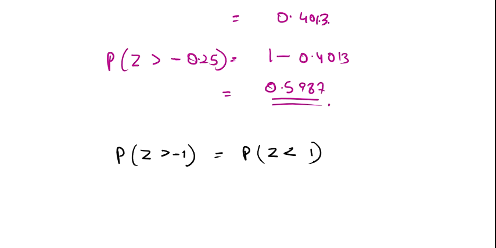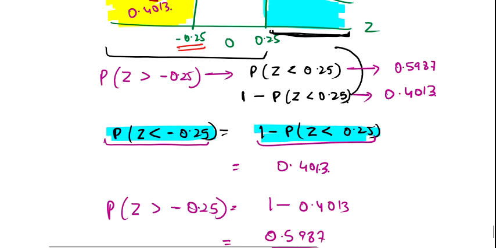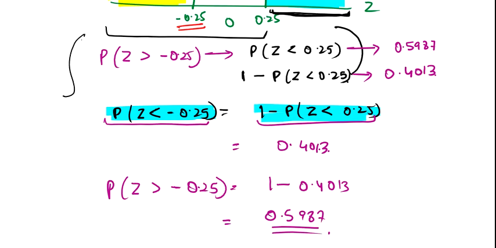So with the greater than sign and a negative value, you can change the sign as well. Clear? But if you can't understand that, this is the process you have to follow to find the probability.